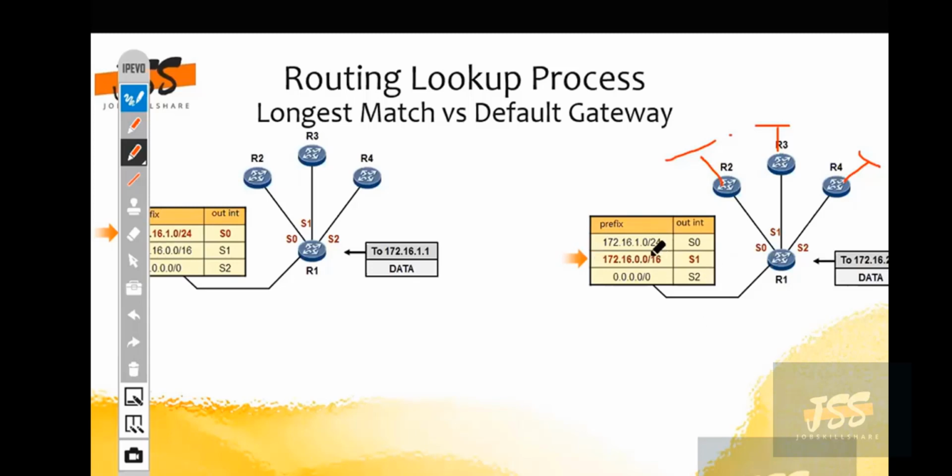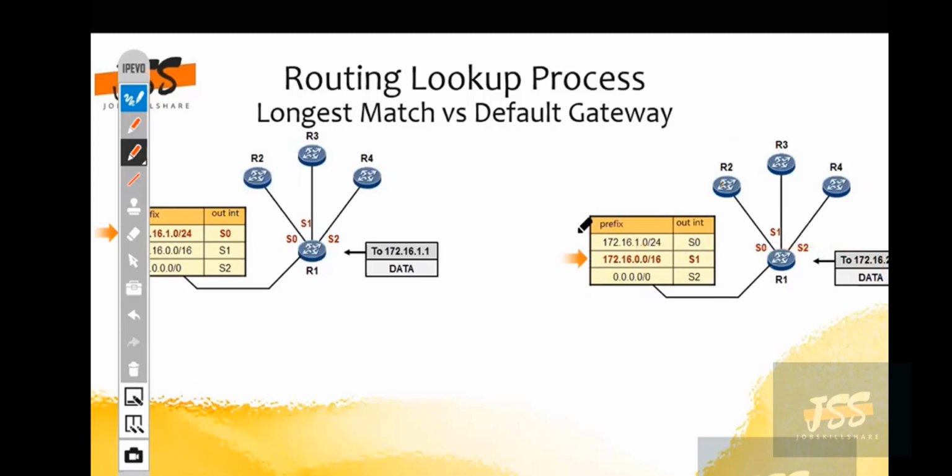Why? Because it doesn't care. Where we have zeros, it means it doesn't care whatever is there. But this subnet is different. We can see we have one here and we have two. So this is a clear-cut contradiction between these two.